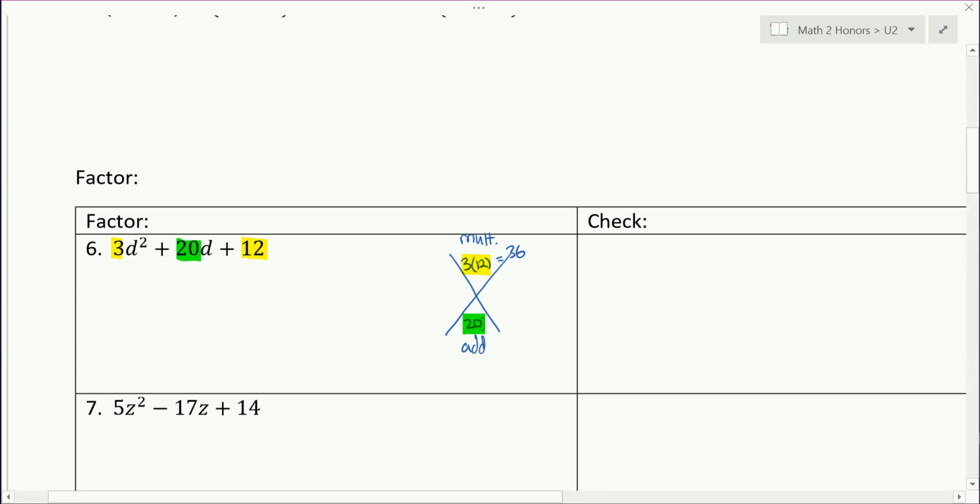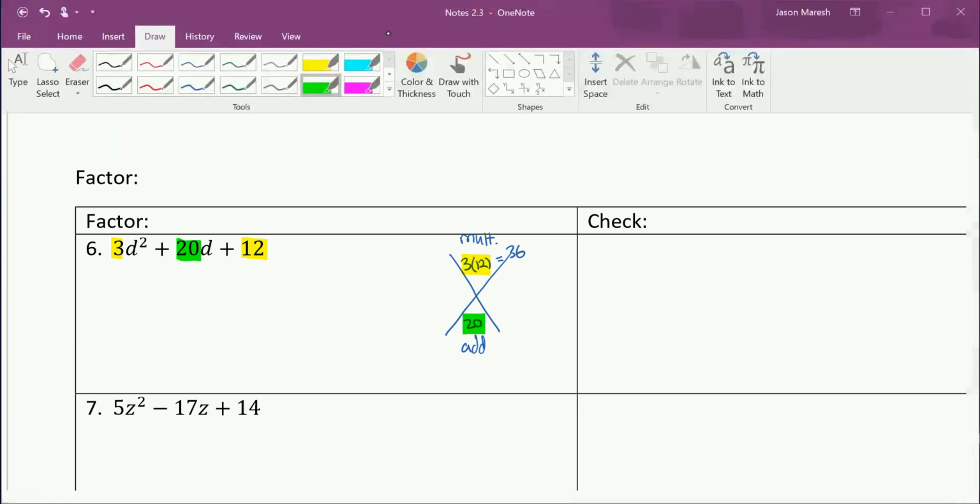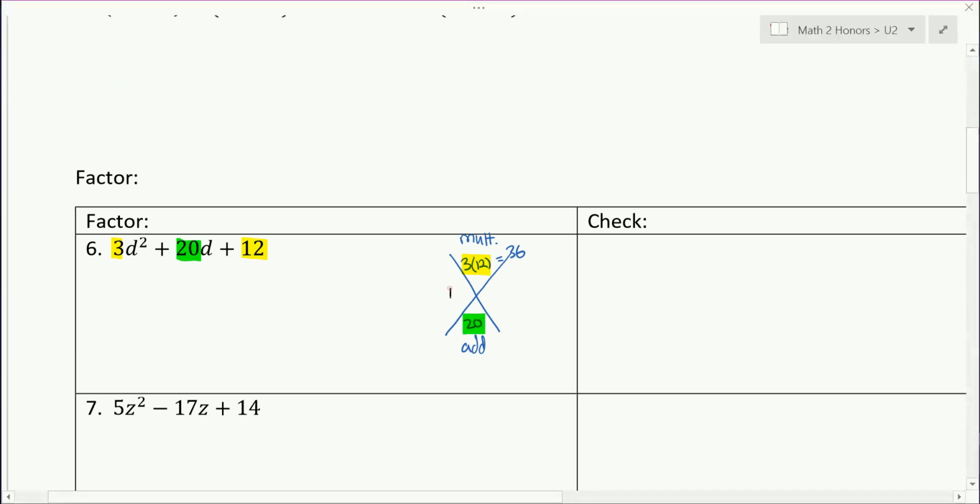Cody. 18 and 2. Right? So 18 times 2 is 36. 18 plus 2 is 20. Does it work? If it works, then that tells you that this method's going to factor. If this doesn't work, then it tells you it's not going to factor using this method.